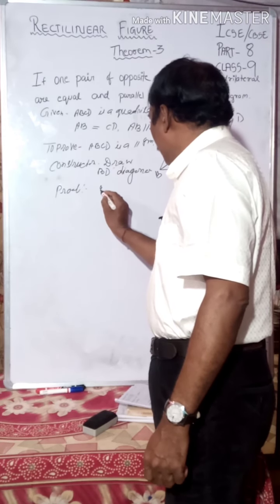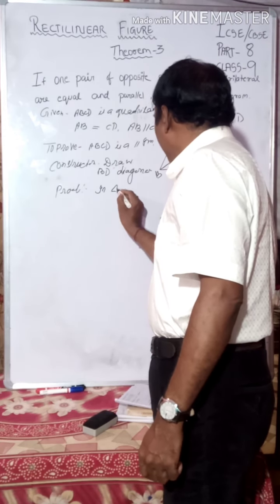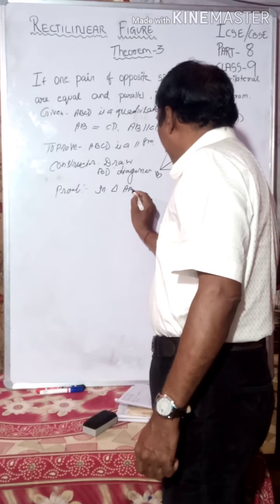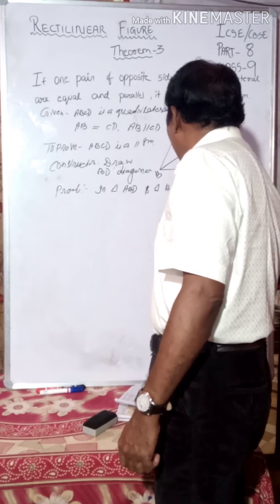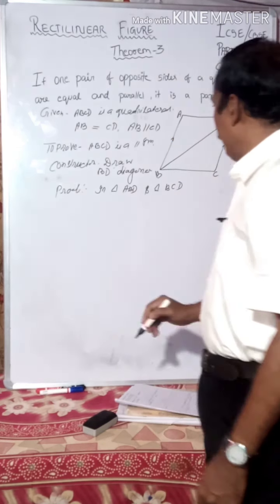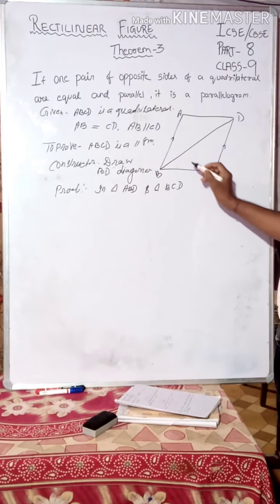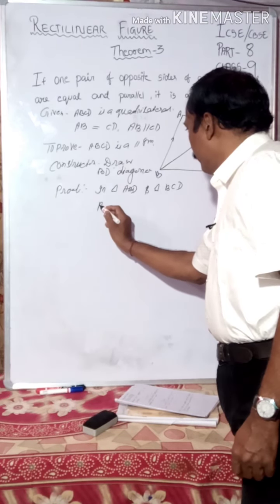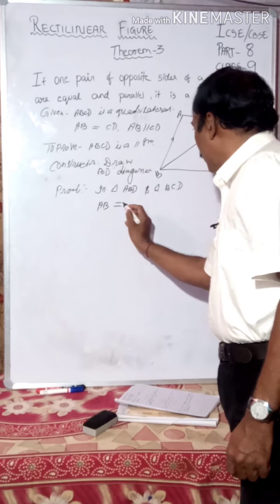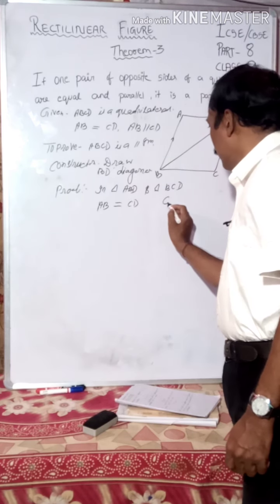So in triangle ABD and triangle BCD: first, AB is equal to CD, given.